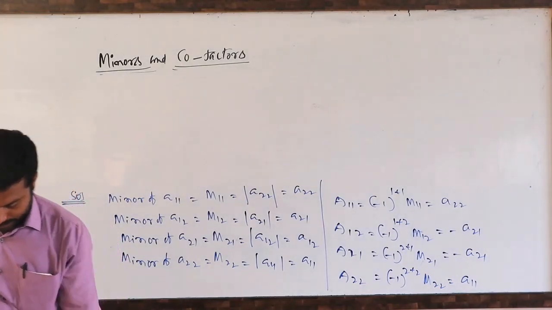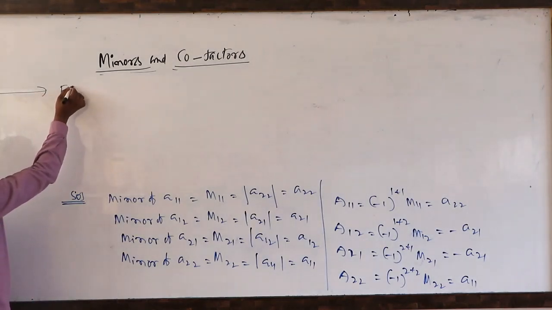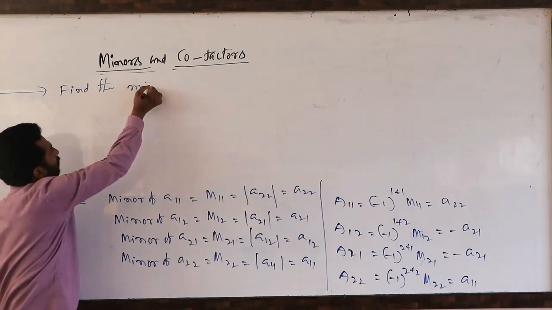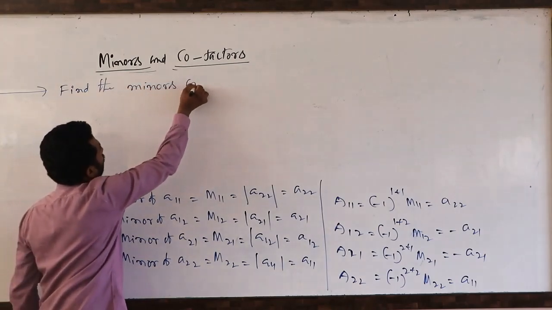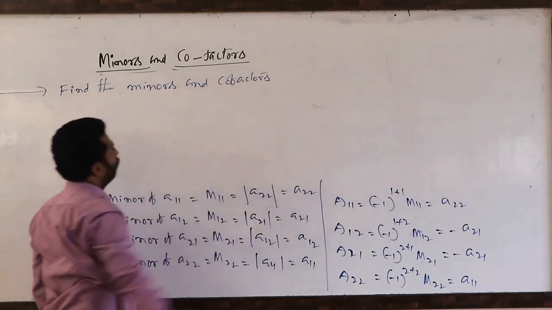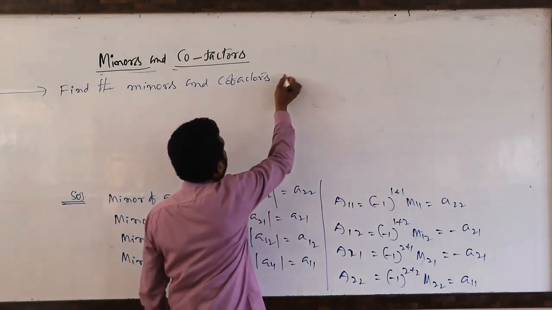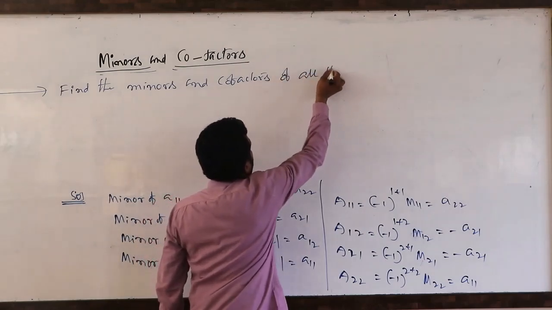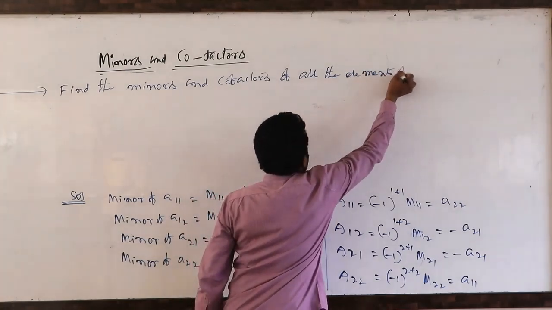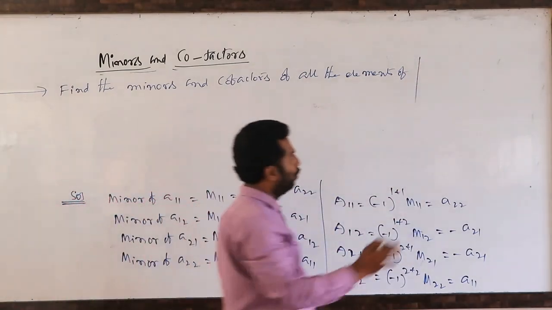Find the minors and cofactors of all the elements of the determinant with rows 1, minus 2 and 4, 3.